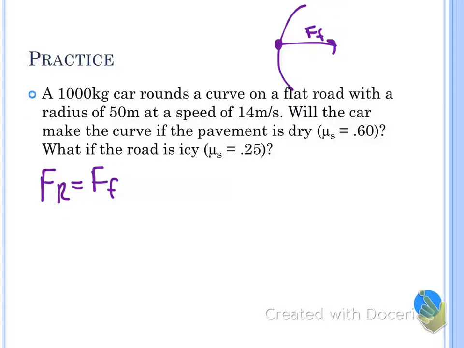Our frictional force is coefficient times the normal force. How do we solve for the normal force in this case? Isn't it just the force of gravity? Yeah, right, we're in a car, it's flat. So 1,000 times 9.8.